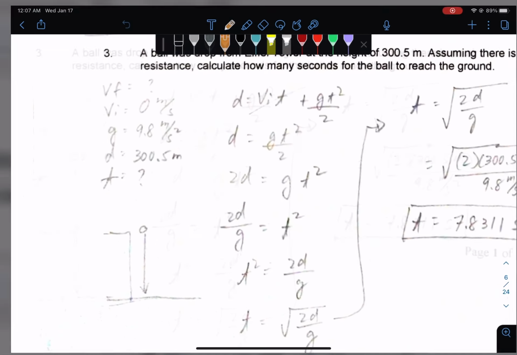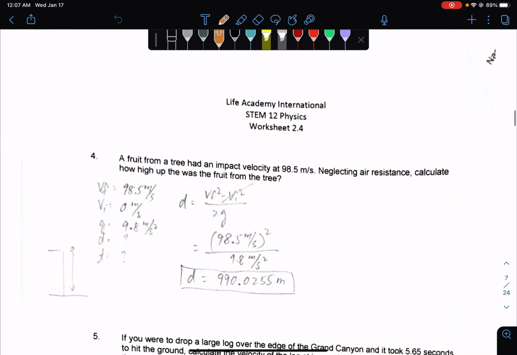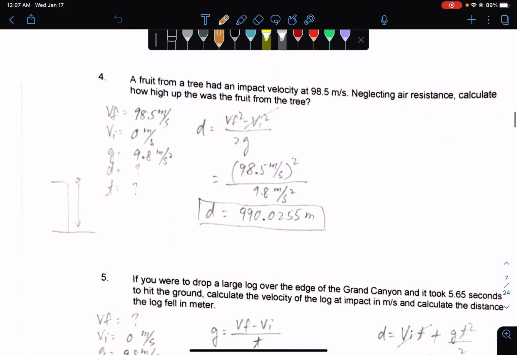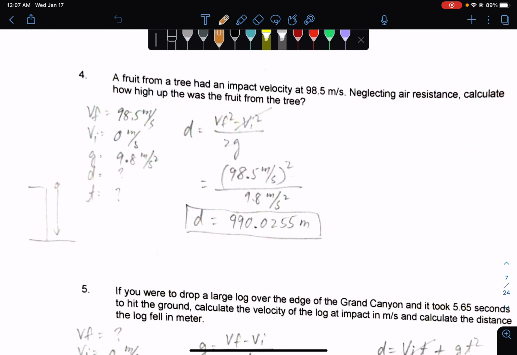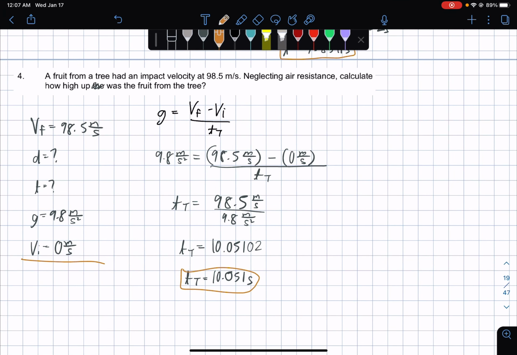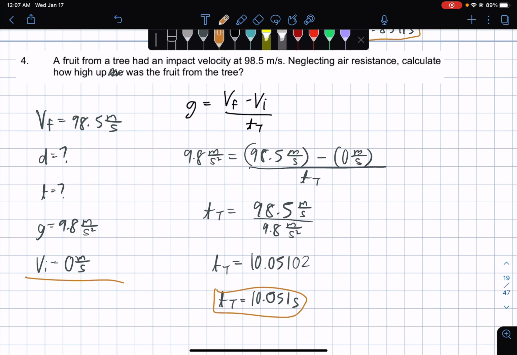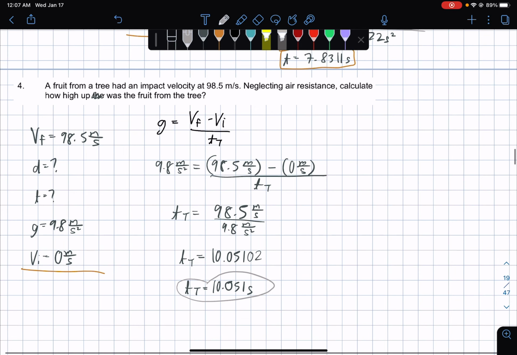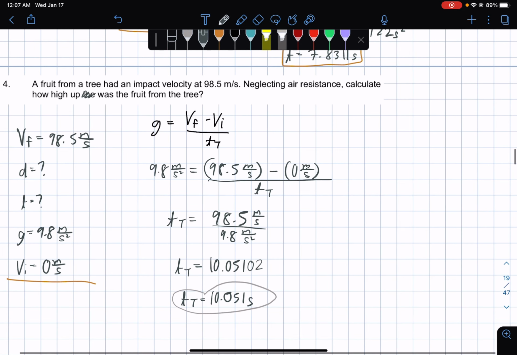Let's double check. Oh wait. No. Yeah, this is the time, but we're actually supposed to look for the distance.